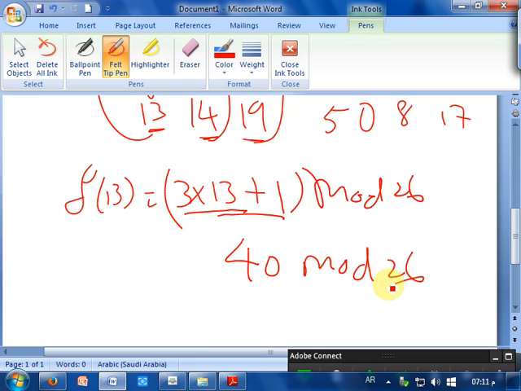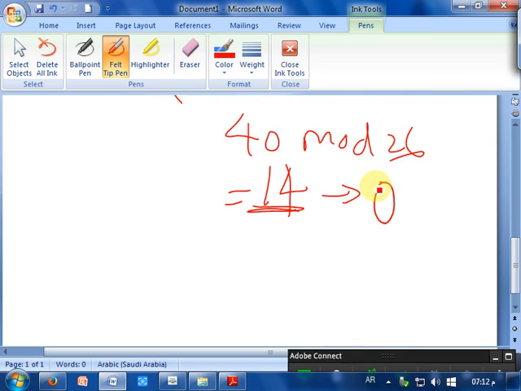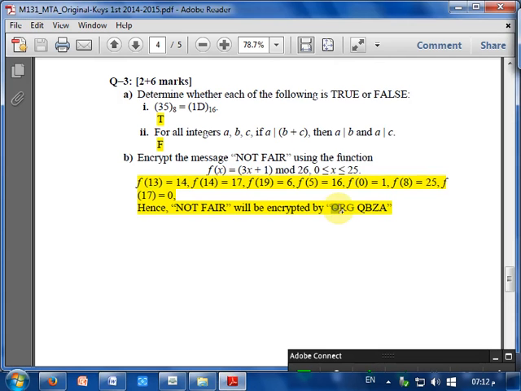What is the remainder? 40 minus 26, 14. And 14 is the character O. So the first character in the encrypted text will be O. Then F14, for the O it is 14, will bring you 17, meaning 3 into 14 plus 1 mod 26 is 17.